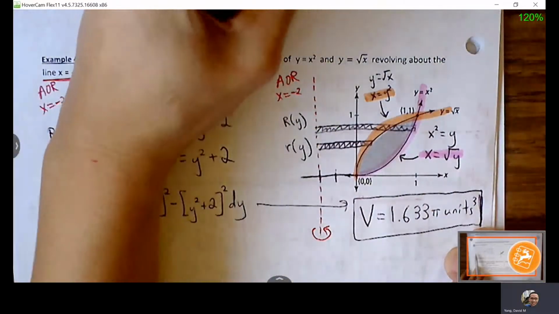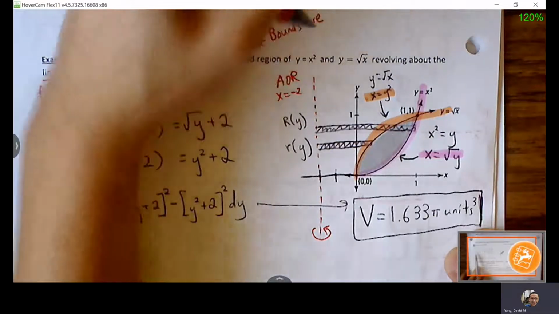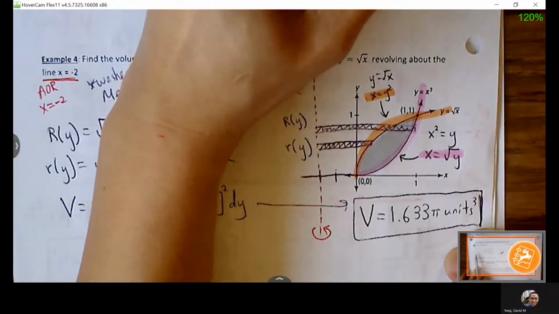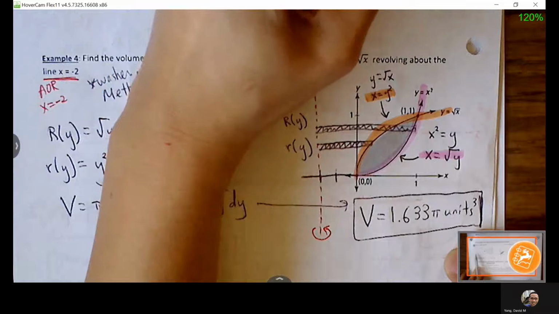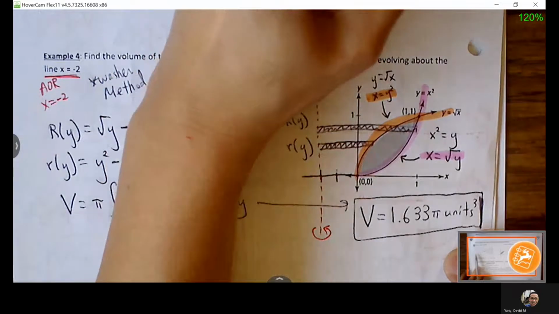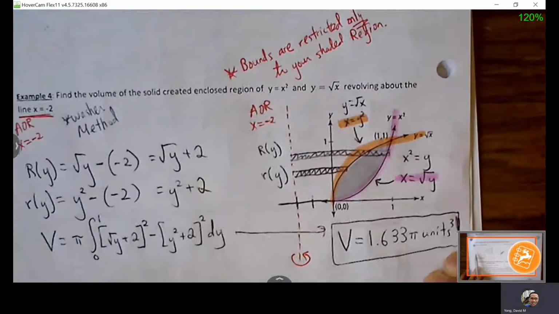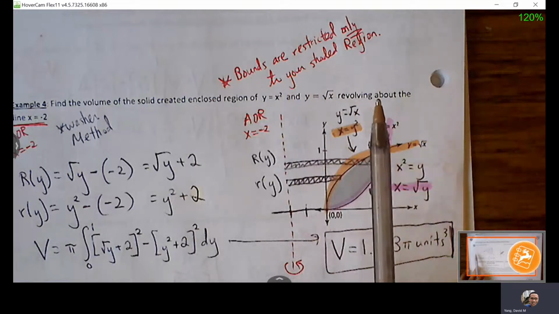Side note that I want to have you guys write down. Okay, bounds are your bounds. Lower and upper bounds or left to right bounds are restricted only to your shaded region.